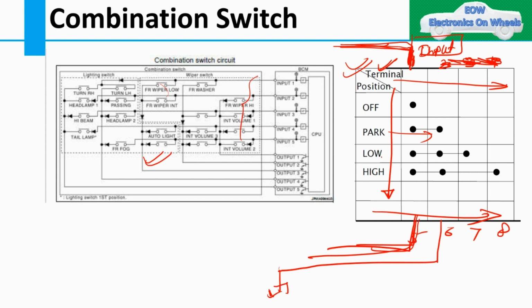Then the third position is low, where you have this position. This connection should be connected to your low beam. Then the fourth position is high beam, so this connection should be connected to your high beam relay. So this is how your combination switch works.